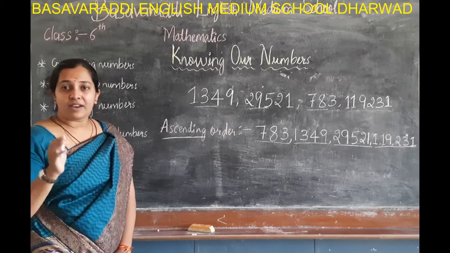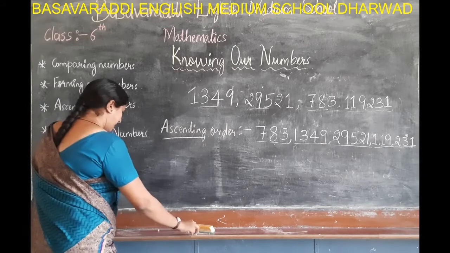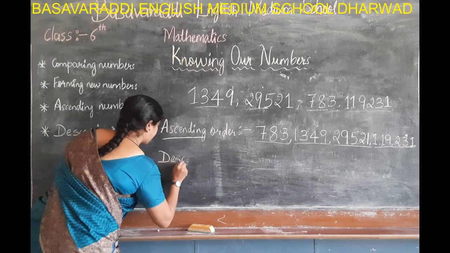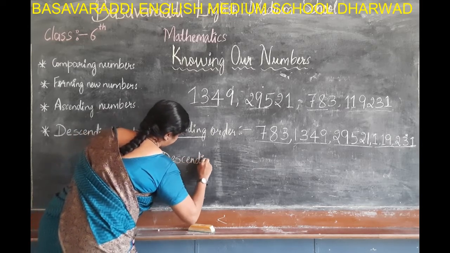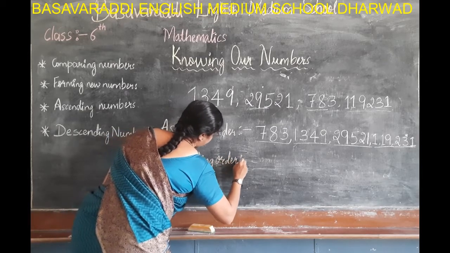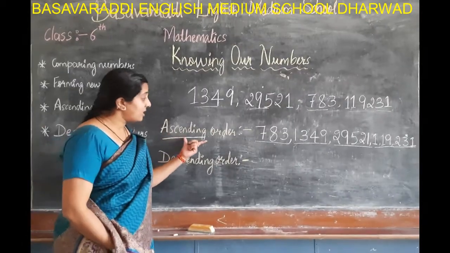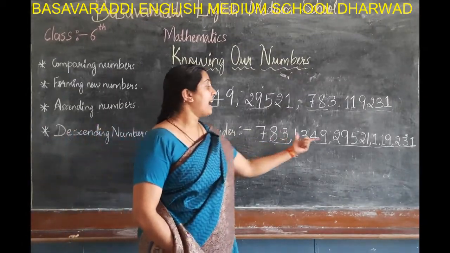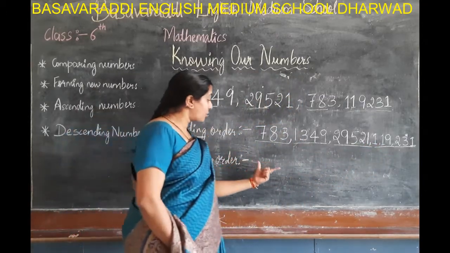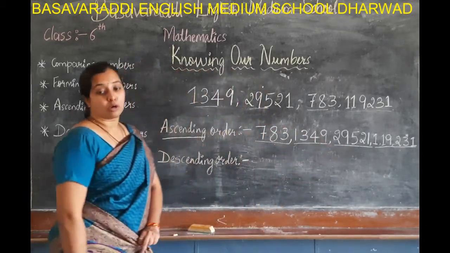So this was how we are supposed to write the ascending order. The same way, if I ask you to write the same set of numbers in descending order, see, in ascending order you write the smallest number first and the greatest number at the end. But in descending order, you first write the greatest number and at the end you have the smallest number.